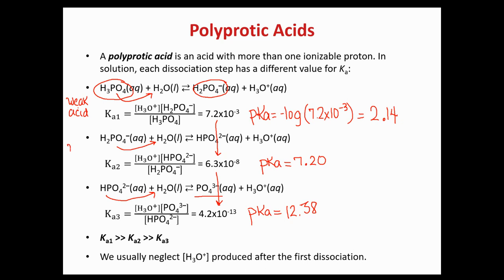But then it gets weaker until we get to the weakest. So with a number like 10 to the negative 13 here, that means that the equilibrium for that one lies very far to the left. And then this is also small, the 10 to the negative 8 value, so that one lies left.